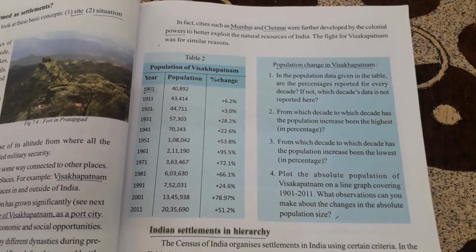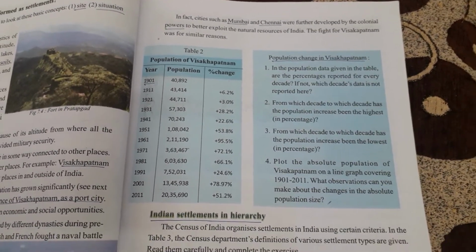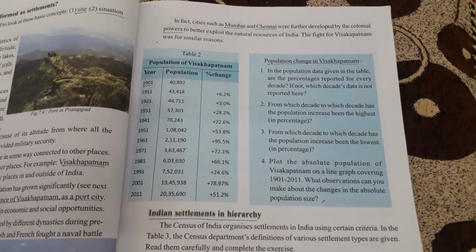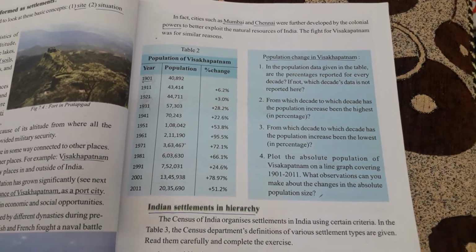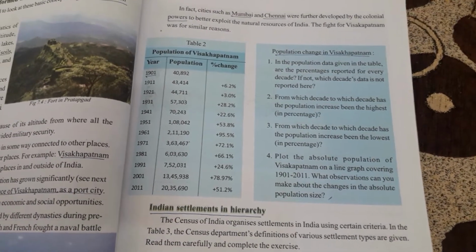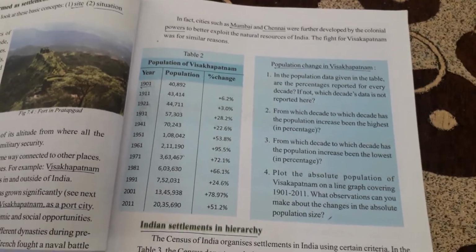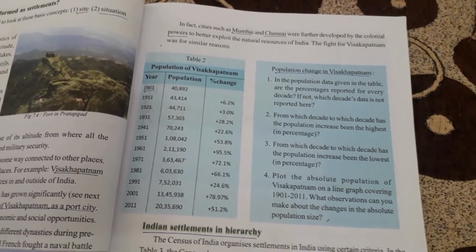In 1971 it was 72%, and in 1991 it decreased. In 2001 there was 78% population growth, and in 2011 51%.